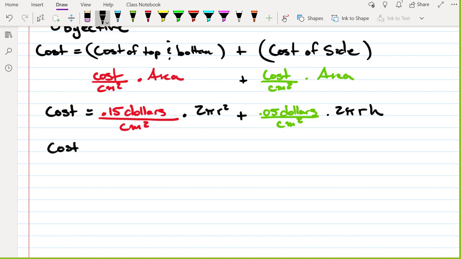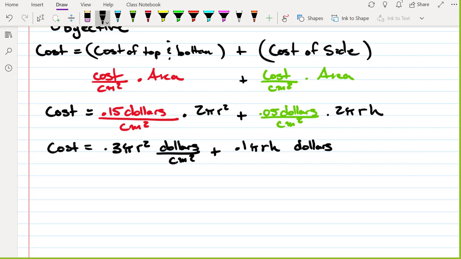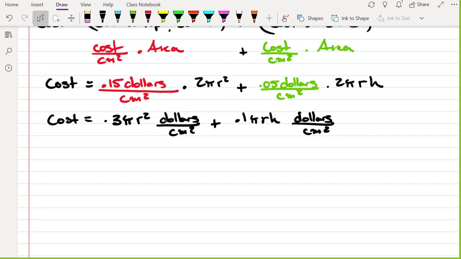So we're going to have our cost. 2 times 0.15 is 0.3 pi r squared, and then that's going to be dollars per square centimeter, plus 2 times 0.05 gives us 0.1 pi r h, and that is also dollars per square centimeter. So that's our cost function, but now we need our constraint.